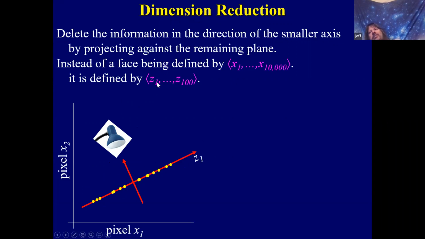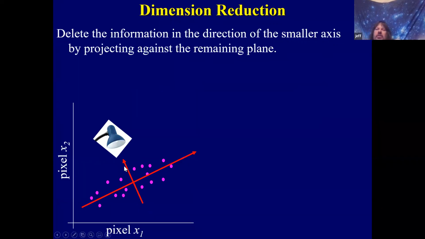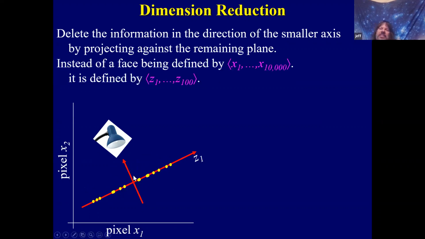You take each of these images as a vector and you multiply it by some matrix, which isn't square. It's going to be a 10,000 by 100 matrix, which will give you 100 numbers. And then once you have those, you project it back.